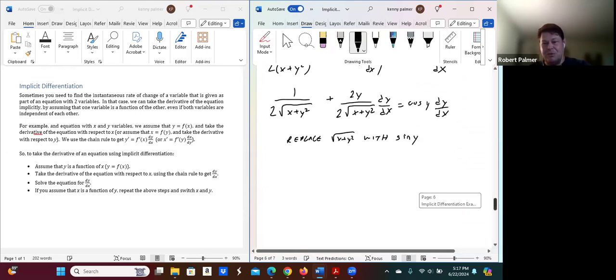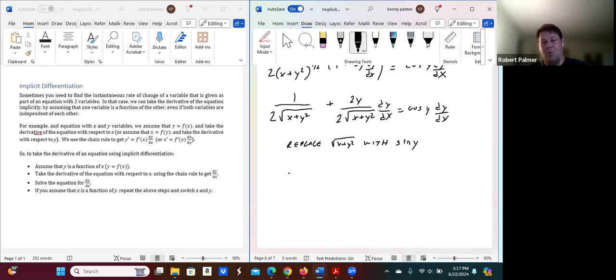So get rid of the square root, it's going to make it a little bit easier to work with. So this is going to be 1 over 2 times the sine of y, plus, and also here if you notice the 2's will cancel out. And so here I'm going to have y over the sine of y, still times the dy over dx. And that's equal to the cosine of y times dy over dx.